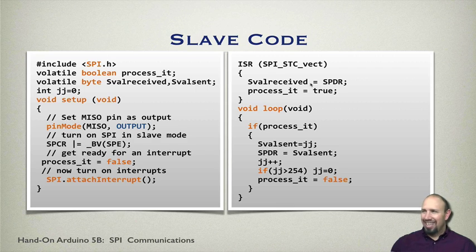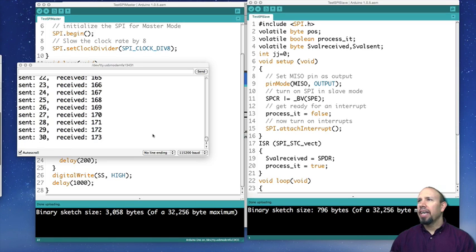All right, so that's the slave code. So this is our second example. Here we have running the two programs, the master and the slave. The slave was loaded first, and then of course I use a 9-volt power supply to drive it.